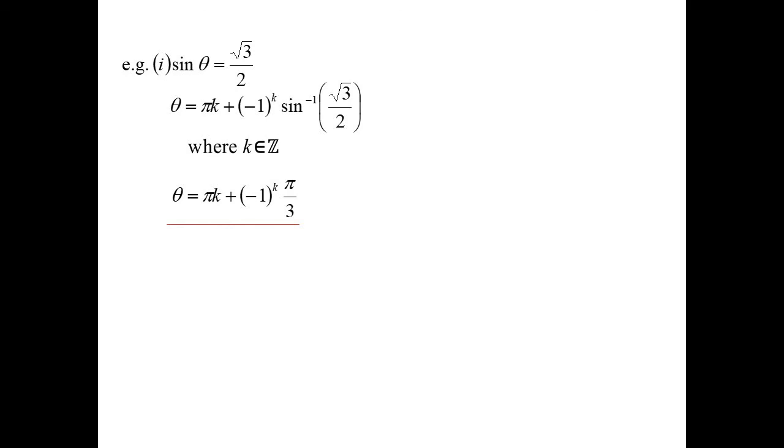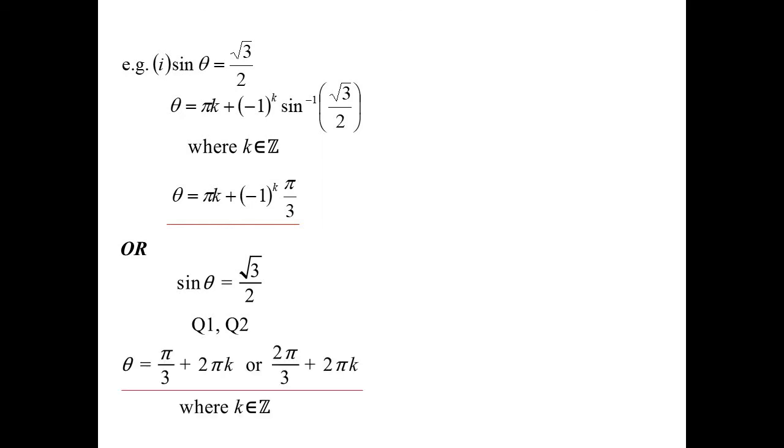Okay, if they don't necessarily want us to use that, what are they expecting? Well, in that case, I'd just work out the solution as if it was a right angle triangle, and then I could be in quadrant 1 or quadrant 2, the same way as you normally would. So I could get pi on 3 or 2 pi on 3, but of course I can keep going around the circle and add 2 pi to each of those possible answers.